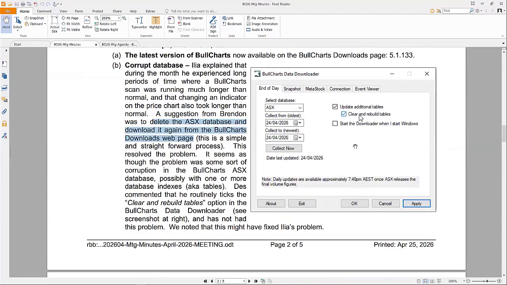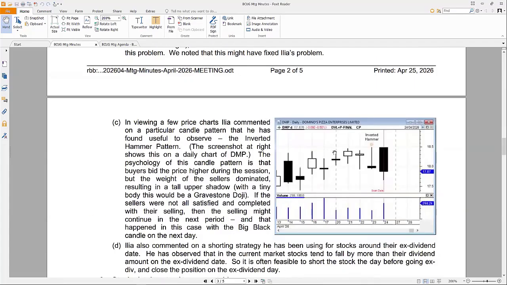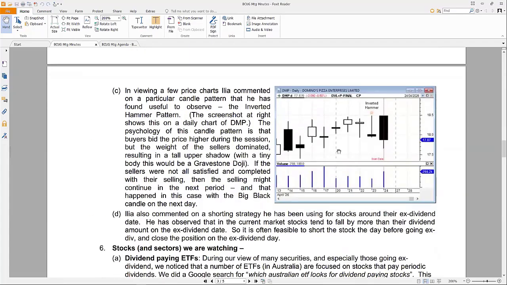That's good. Also in the session last week, Elliot talked about a particular candle pattern that he has found useful, the inverted hammer, as shown on that screenshot. It's almost a graveyard doji with a very small body and a very long upper shadow.